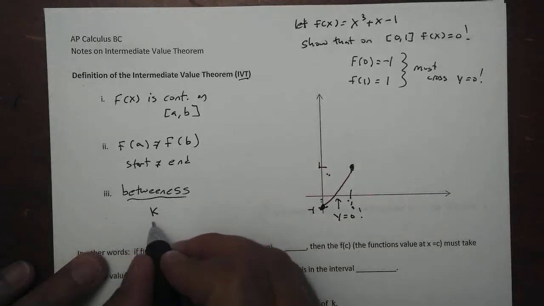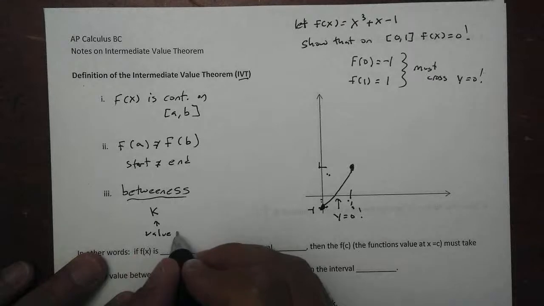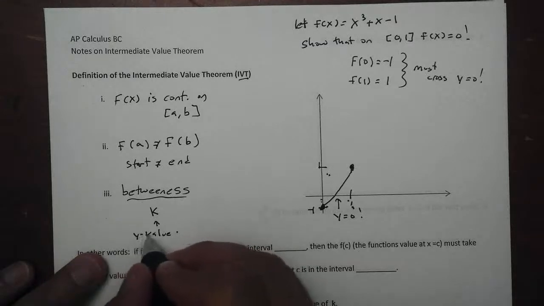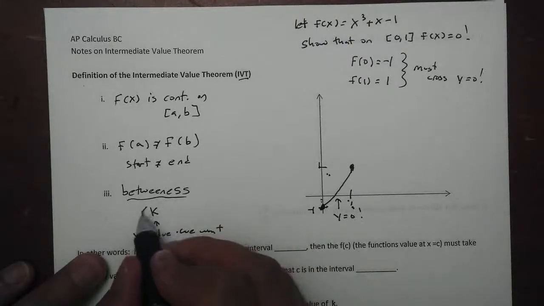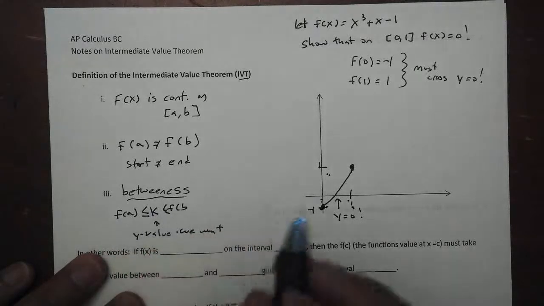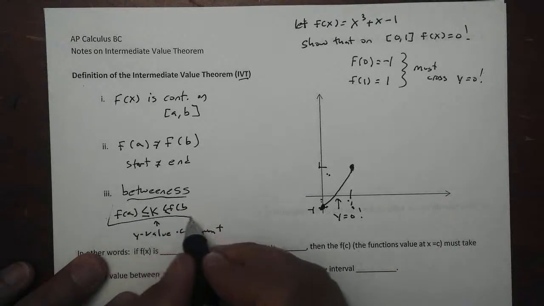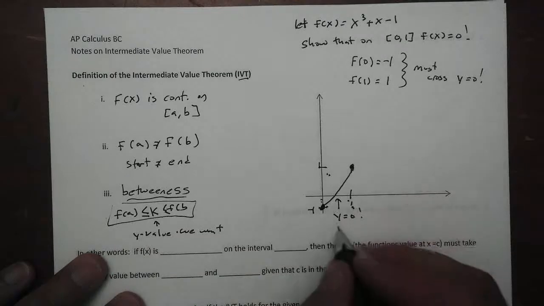That k is the value, or more specifically the y value we want. And so k has to be between, it could equal, the value at the beginning and the value at the end. And it can equal that too. This is the most important step. So in this case right here, our y is like our y equals k right there.